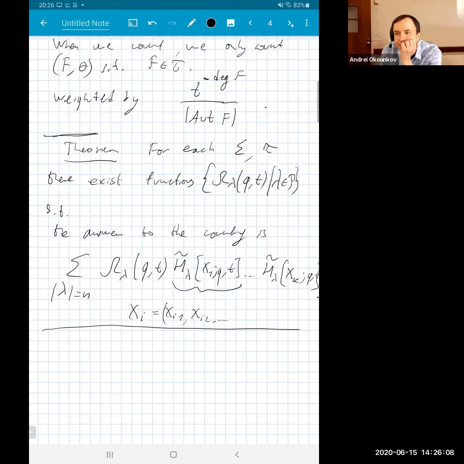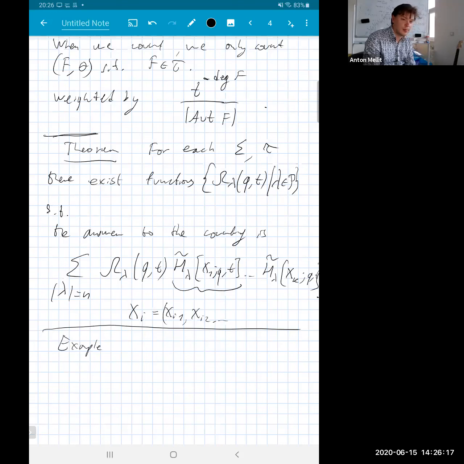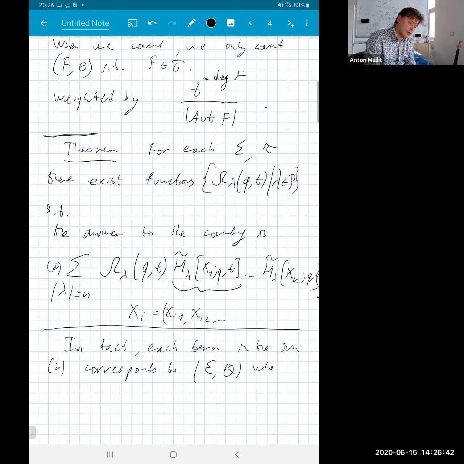In fact, each term in the sum corresponds to pairs (E, theta) where theta is equivalent to n lambda at the generic point.